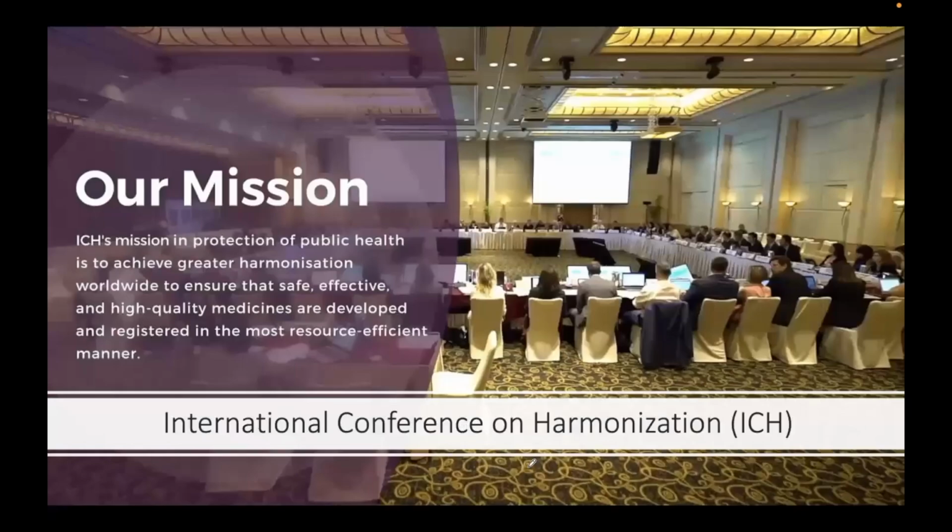So this is the mission of the ICH, or International Conference on Harmonization, and that is protection of public health, to achieve greater harmonization worldwide, with regards to developing, registering, and distributing quality pharmaceuticals or high quality medications.